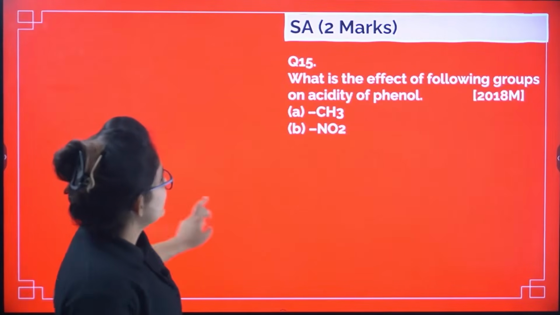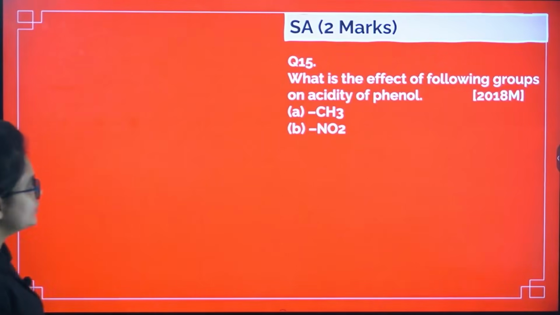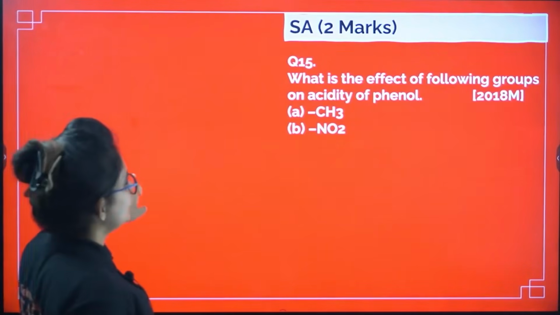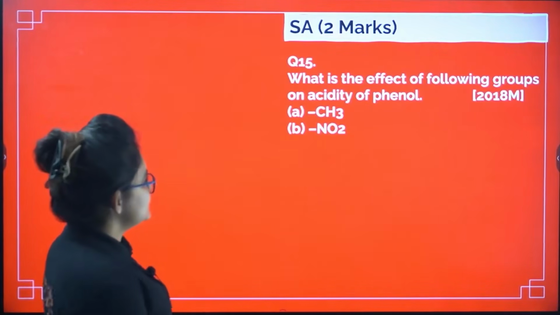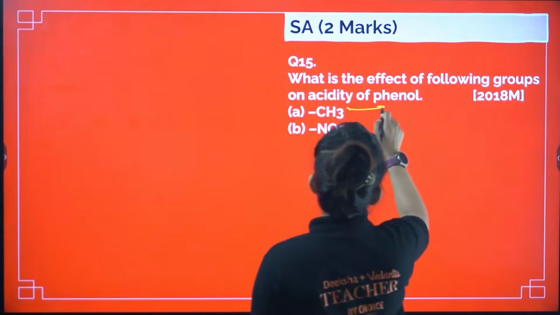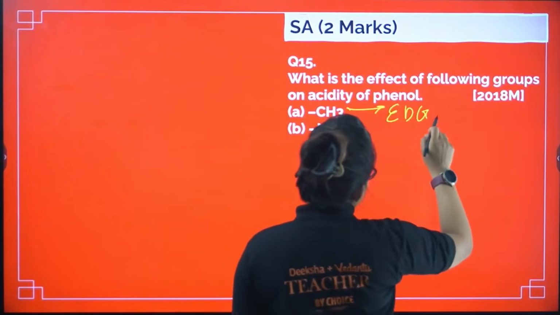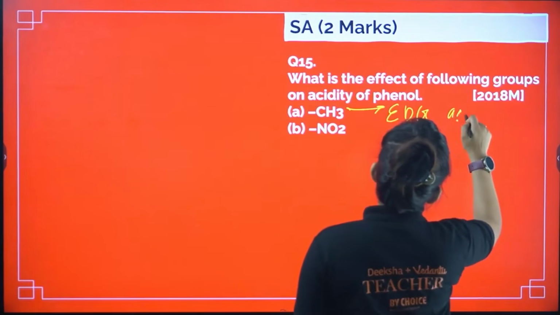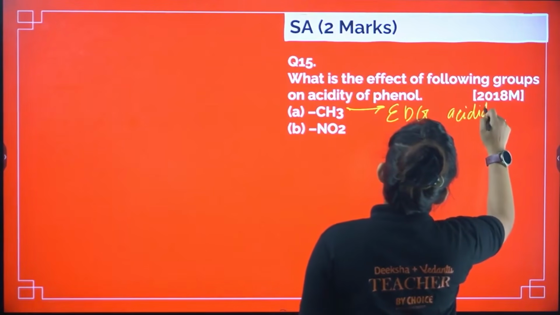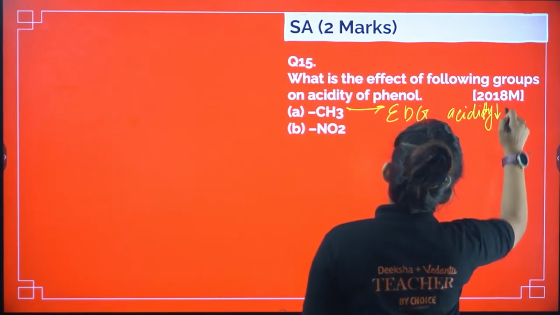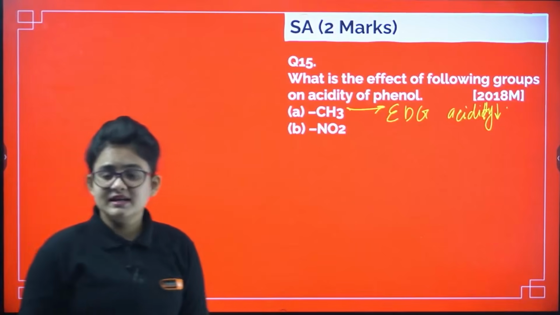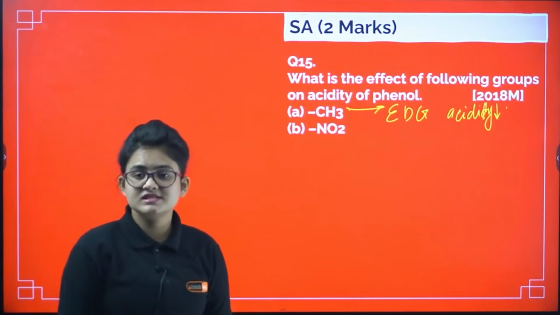Next, what is the effect of the following group on acidity of phenol? In the first case, this is an electron donating group. If it is attached, then the acidity of phenol will decrease, because it increases the electron cloud density on the oxygen atom.